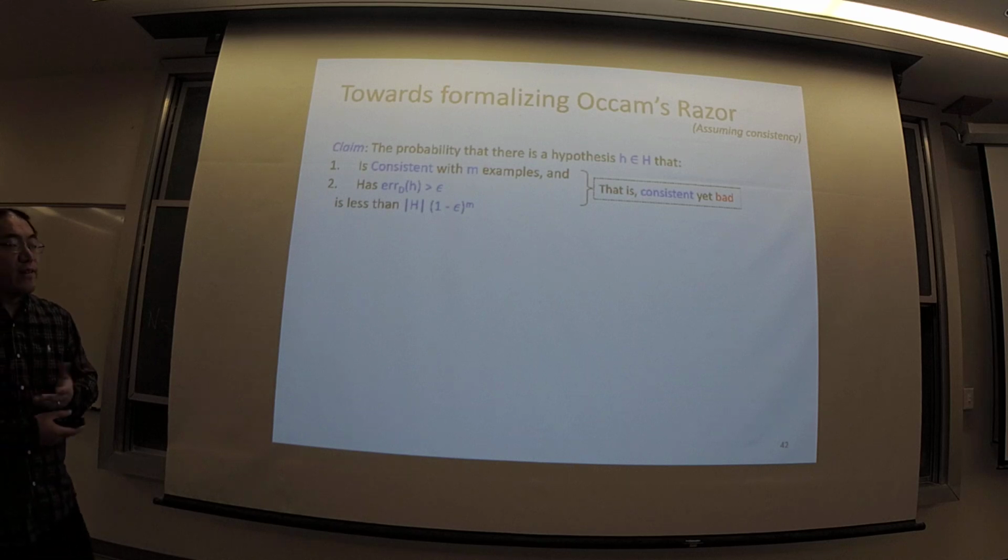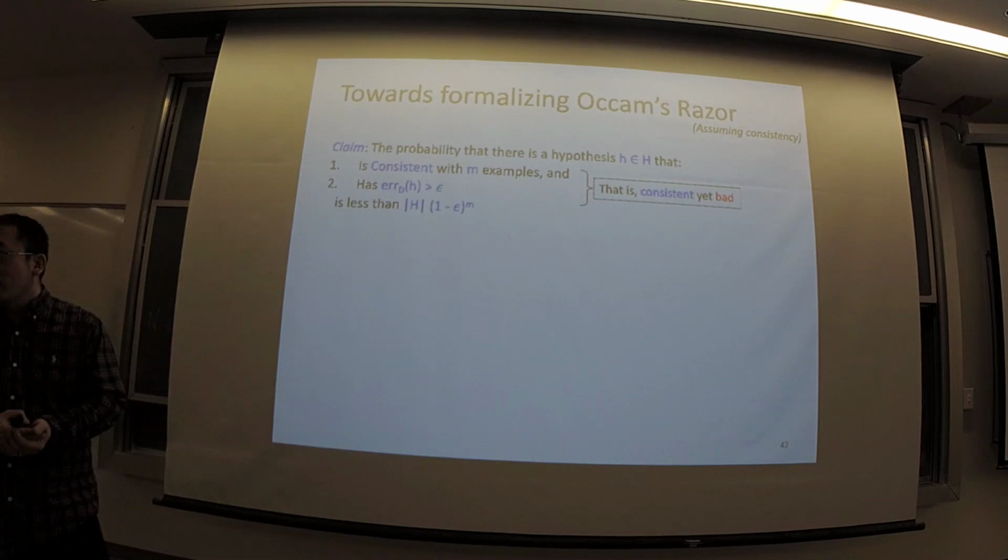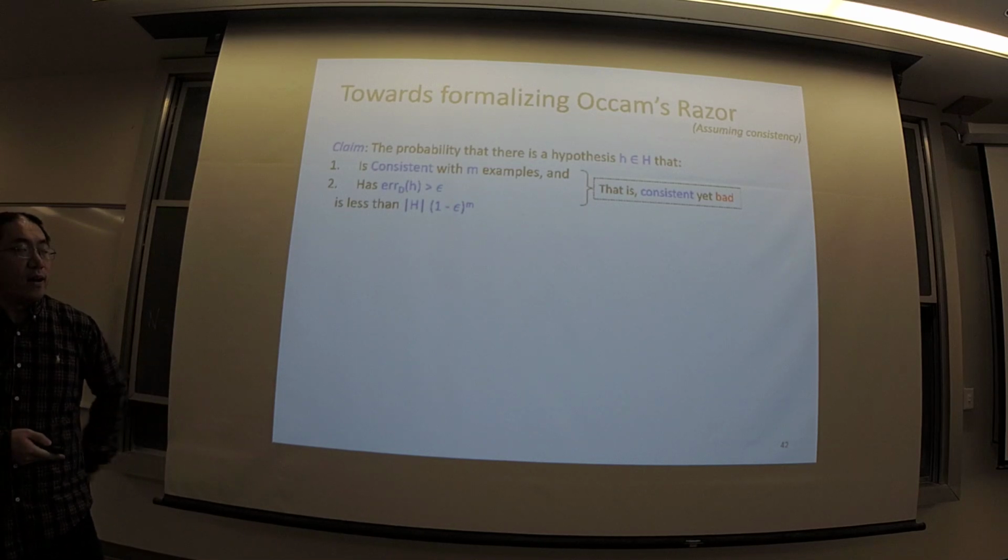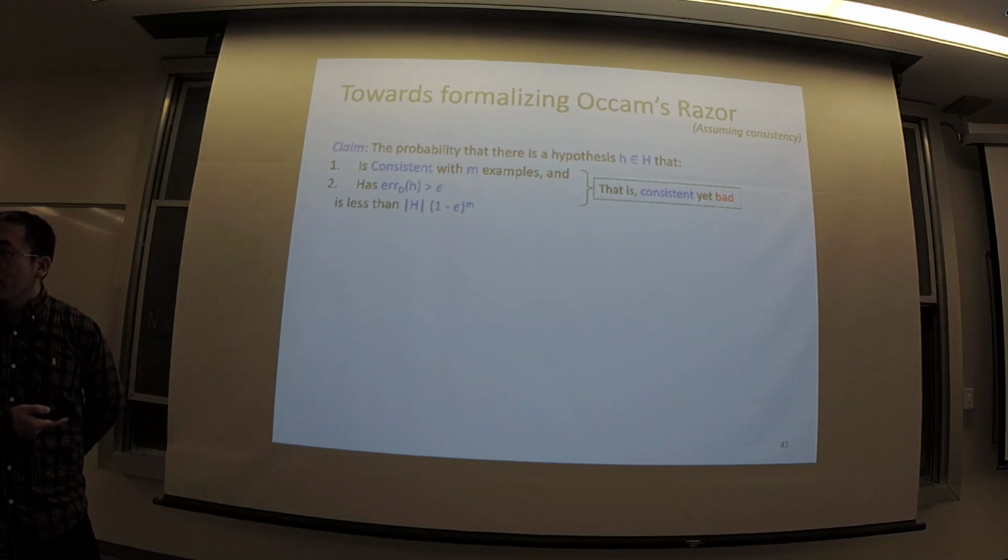It states the fact that if you have a consistent learner, which always produces hypotheses that perfectly fit the training data, but the true error, the generalization performance, is bad, what's the chance for that?